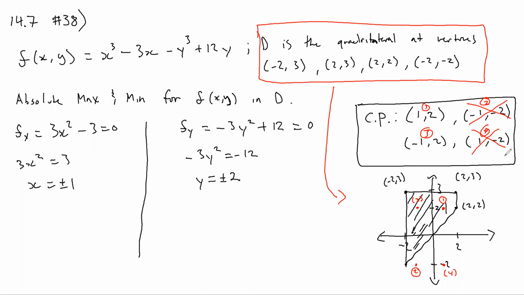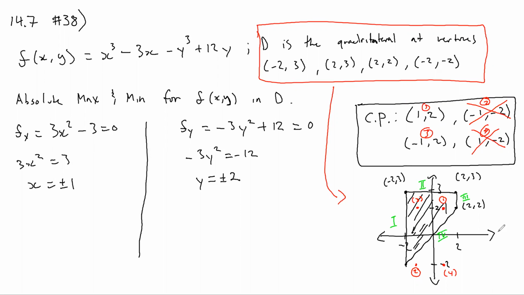Now the next thing we need to figure out is the extreme max and mins for the boundaries. I'm going to split up this quadrilateral into 4 different segments, using green for that. I'll label the left-hand side 1, the top segment of this quadrilateral 2, the right side 3, and finally this one is 4.